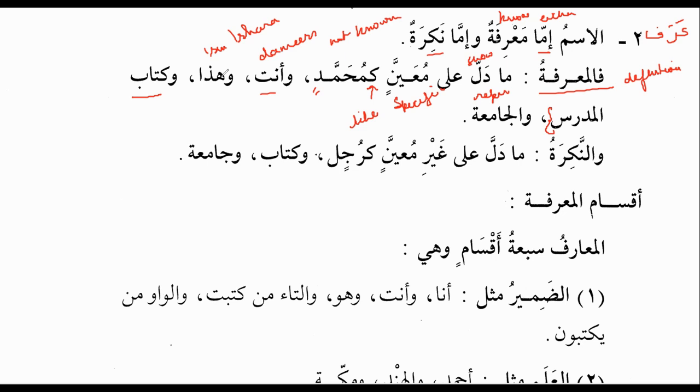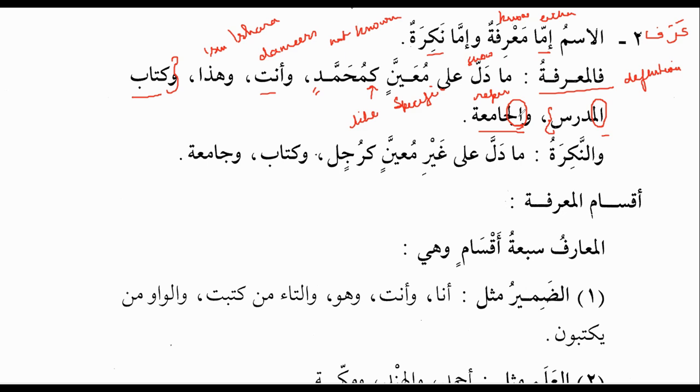Any two nouns coming together in an idafa construction are marifa. So this is a marifa idafa. How do you know? The presence of lam at-tarif. Wal jami'atu. Now this is a random noun with the attachment of lam at-tarif.